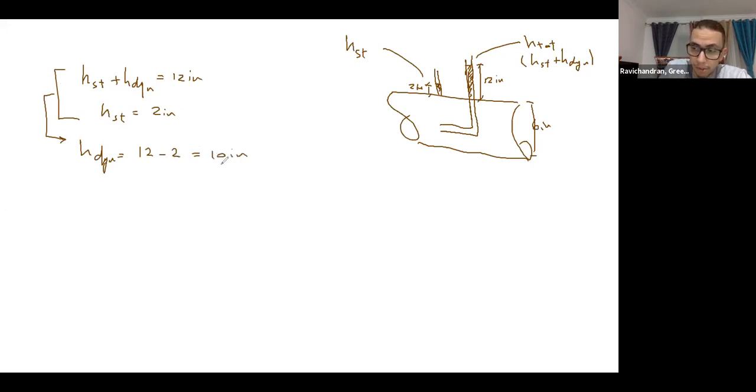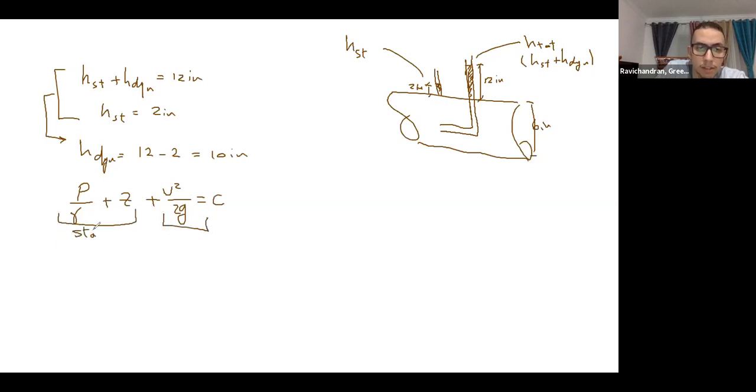Okay, continue. Any question? So this H dynamic, but I know the original equation, which is P over gamma plus Z plus V square over 2G equal constant. What is this part? This is static. What is this part? This is dynamic.